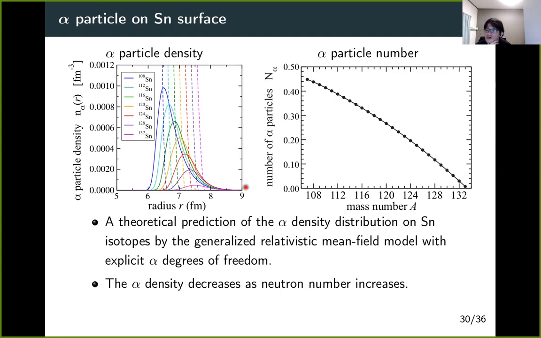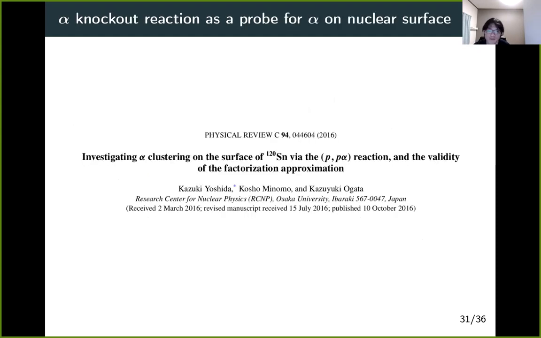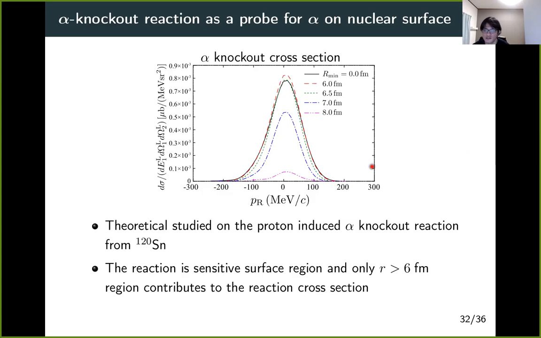This is a very interesting work, since no one had expected such alpha particle formation in medium mass nuclei, but there was a prediction. And in 2016, I made some theoretical calculations for the (p,p alpha) reaction from tin-120. I also examined the validity of some approximations made in the DWIA, but that is a different story.